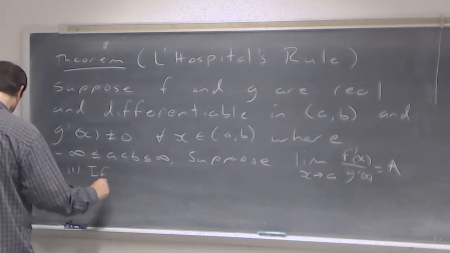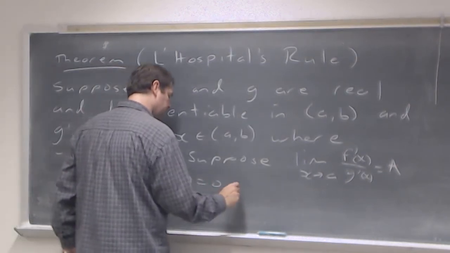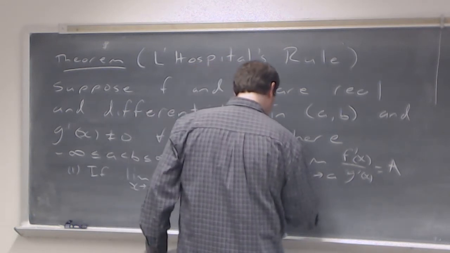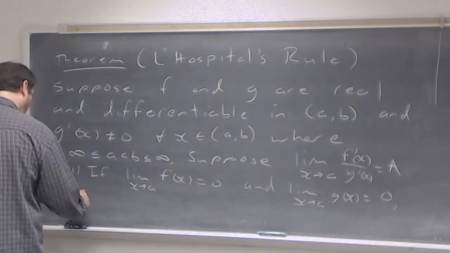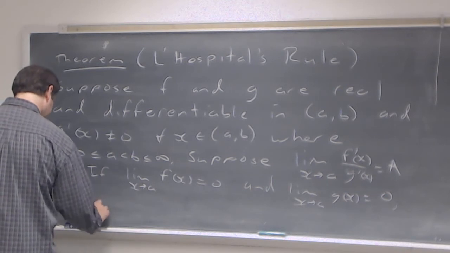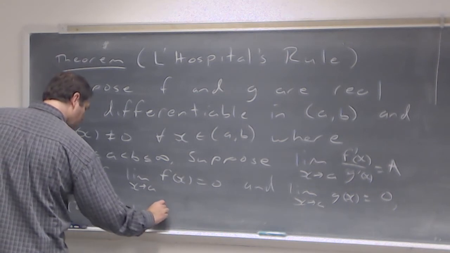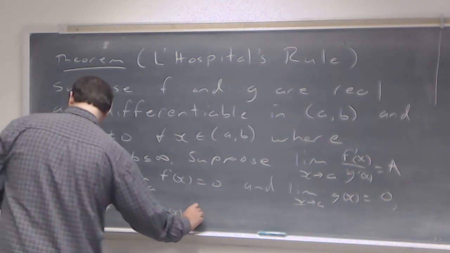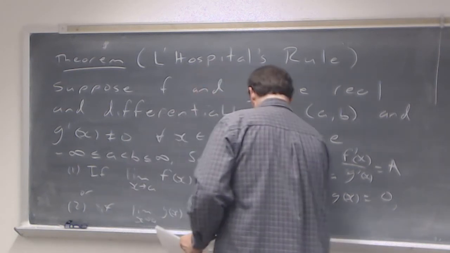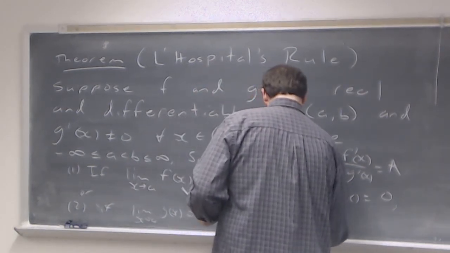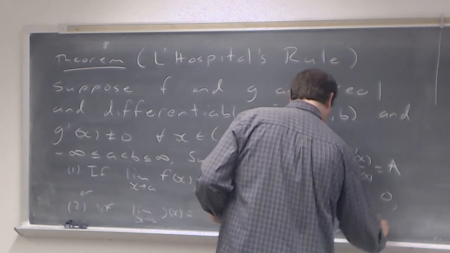It says if the limit as x goes to a of f of x equals 0, and the limit as x goes to a of g of x equals 0, or if, part 2, the limit as x goes to a of g of x equals infinity, then, so here's the conclusion, if either one of those things happens, then the limit as x goes to a of f of x over g of x is also equal to A.